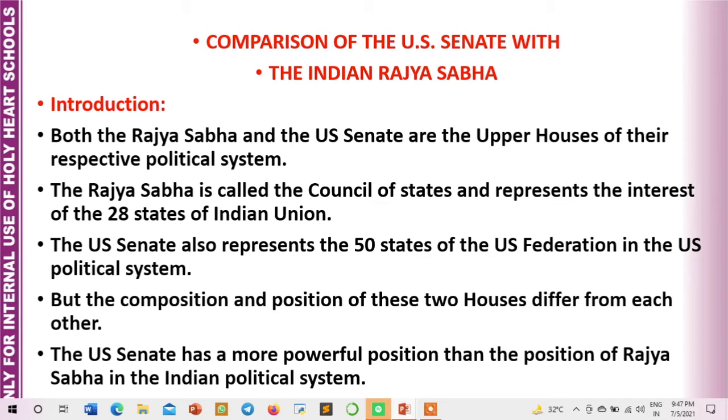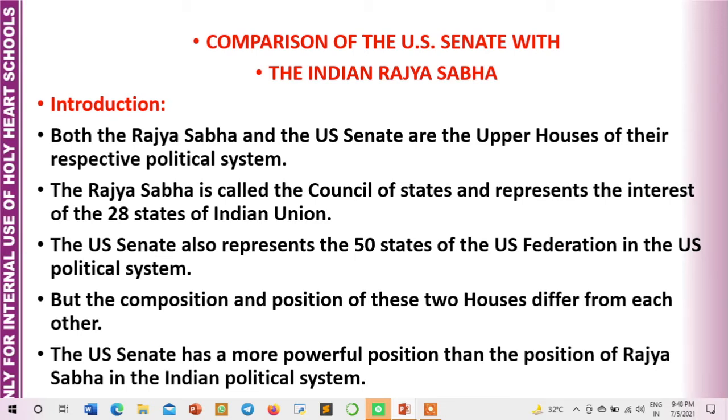Both the Rajya Sabha and the US Senate are the upper houses of their respective political systems. The Rajya Sabha is called the Council of States and represents the interest of 28 states of the Indian Union. Yes, we know today in India there are 28 states, and the members of Rajya Sabha represent the interest of these states because Rajya Sabha members are from the states.